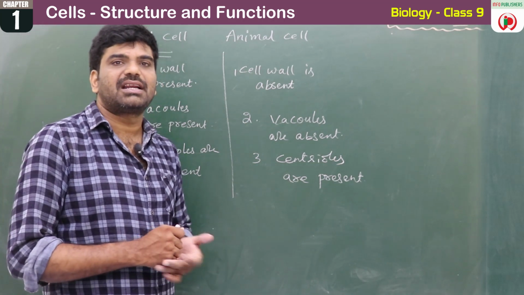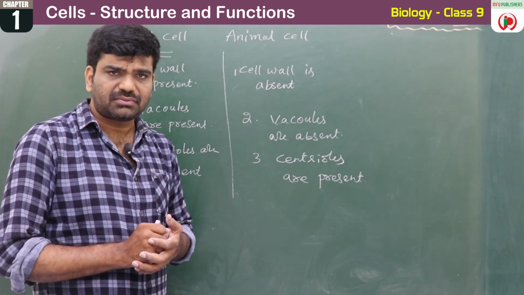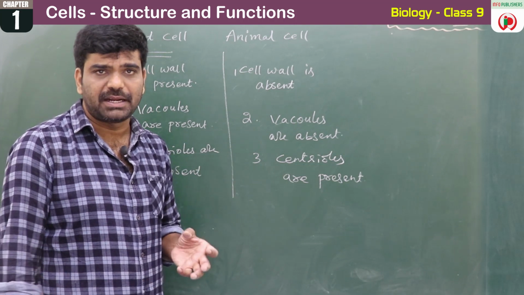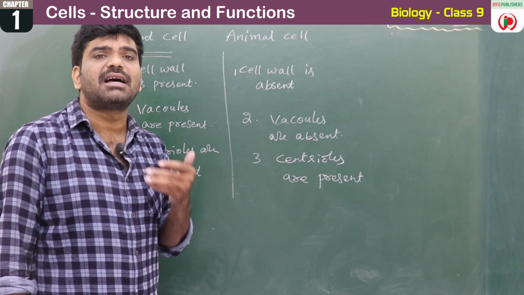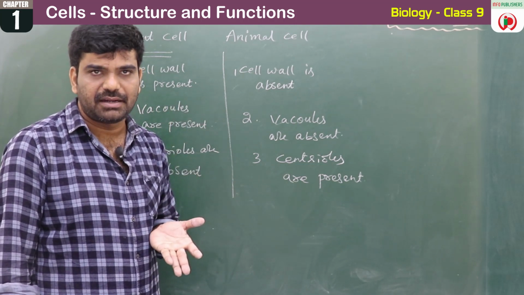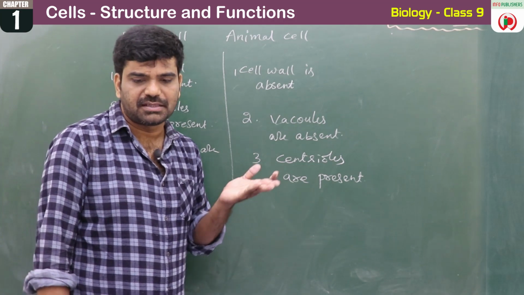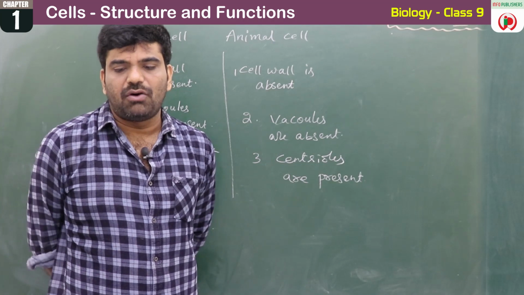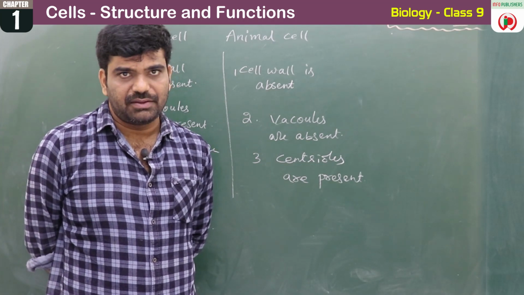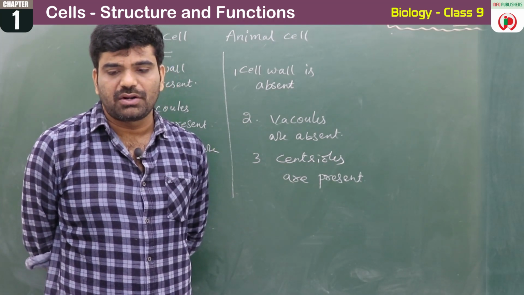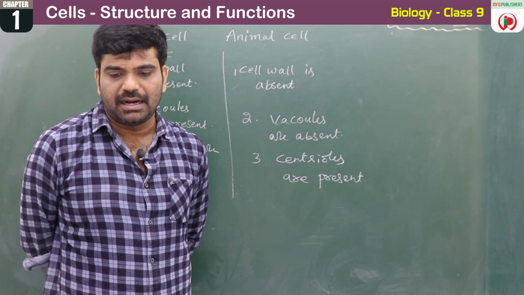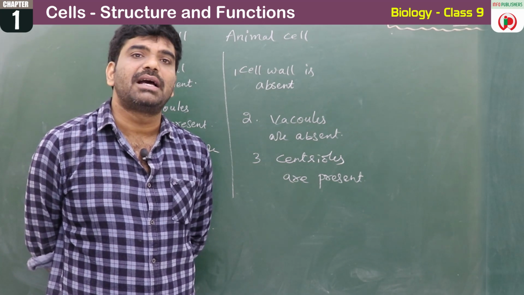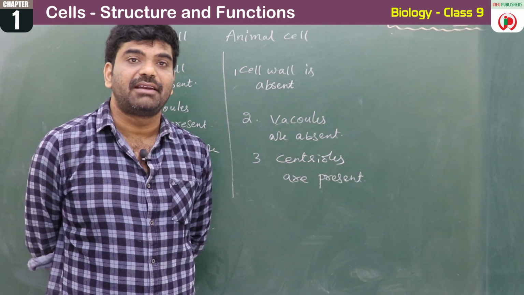Now, in the last class, we have learnt about the functions of plasma membrane. Plasma membrane is otherwise called as cell membrane, and this is the outermost layer of the cell, and that separates the cytoplasm from the external environment.